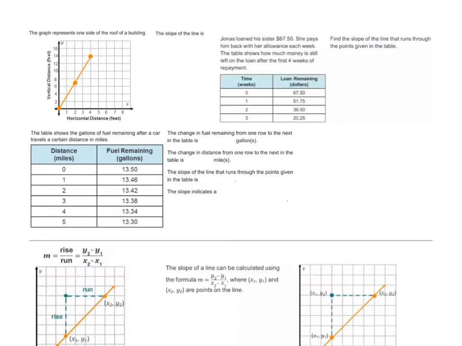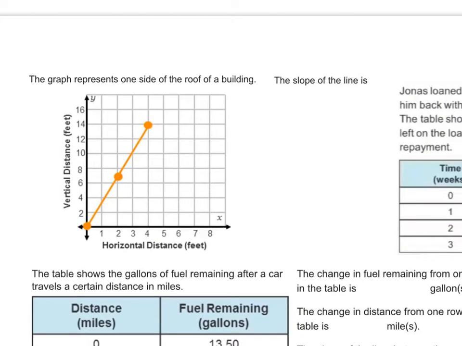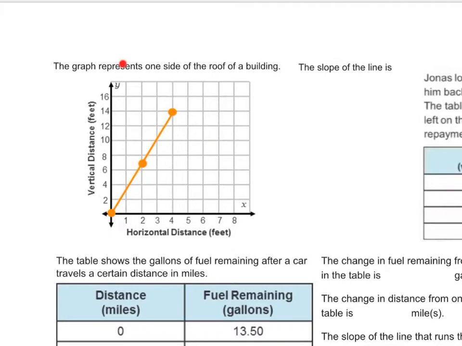For this next page, let's take a look at this graph. It says the graph below represents one side of the roof of the building. This is the vertical distance, and the other is the horizontal distance. It asks, what is the slope of the line?